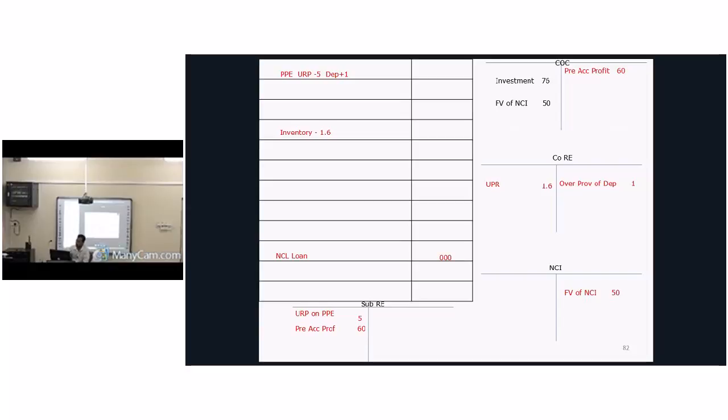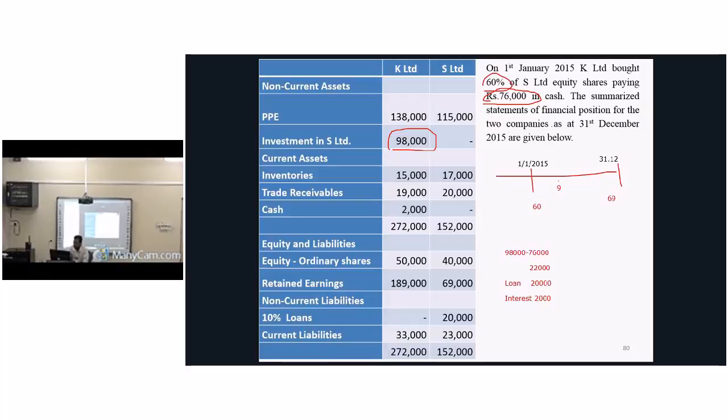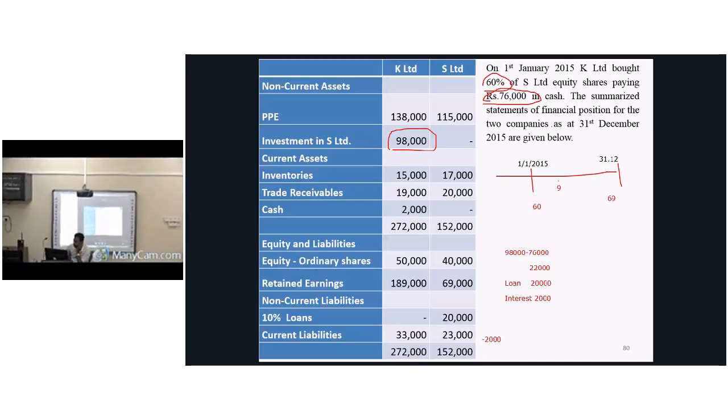And also there should be receivable interest. They have accounted for interest receivable of 2000, and there is a current liability here of 20,000. From this we have to subtract 2000 as interest, because they have recognized it under current liability as interest payable. K Limited has received it as interest receivable.